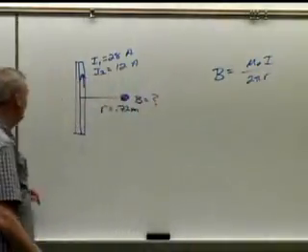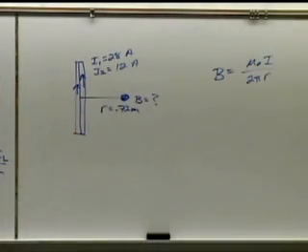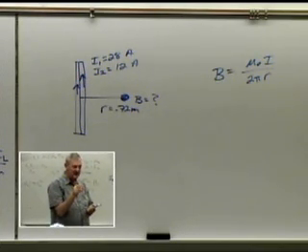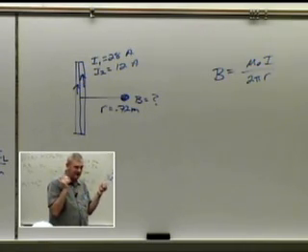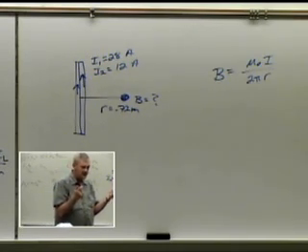Okay. Now, all it says is you want to do it once if they're going in the same direction, and then you want to do it again, find the B field if they're going in opposite directions. If they're going in the opposite direction, is the B field going to be less or greater at that point? It'll be less, right?